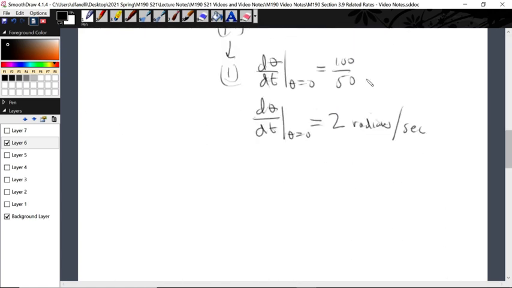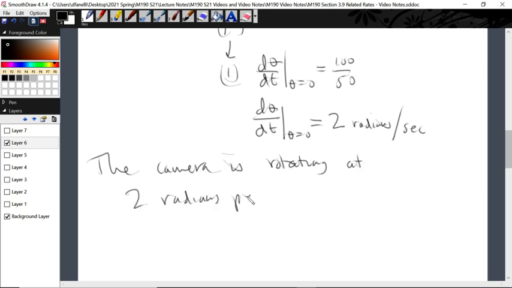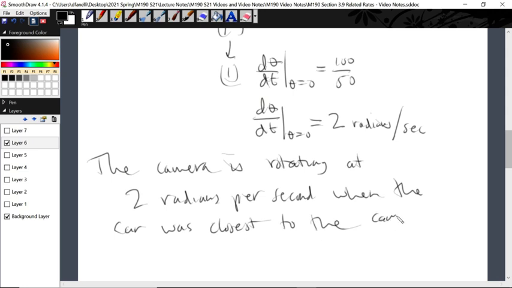So the camera is rotating at 2 radians per second when theta was 0, because that's when the car was closest to the camera. So that's how fast it was rotating.